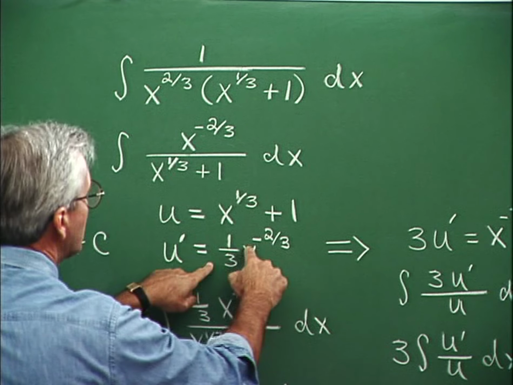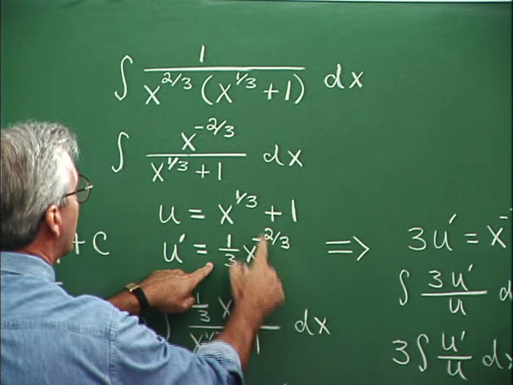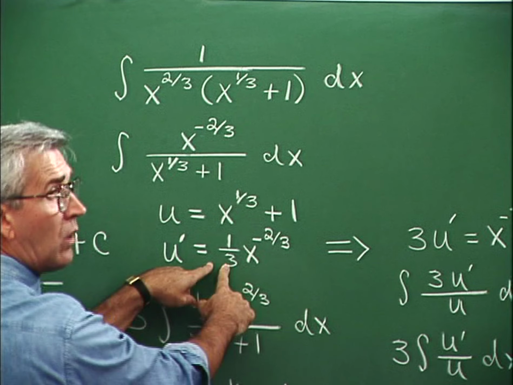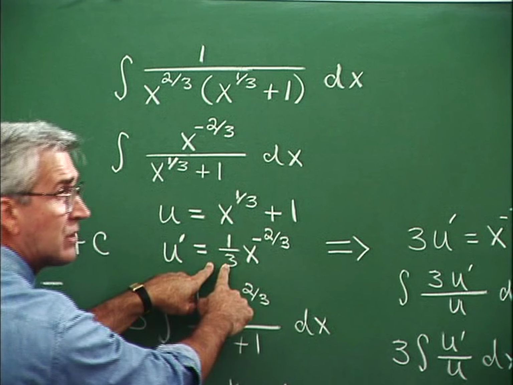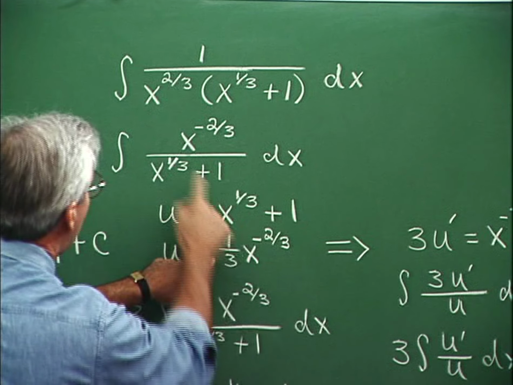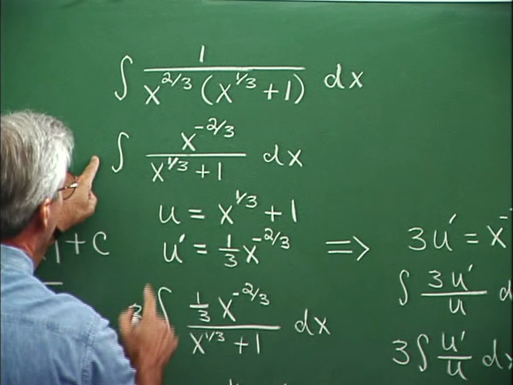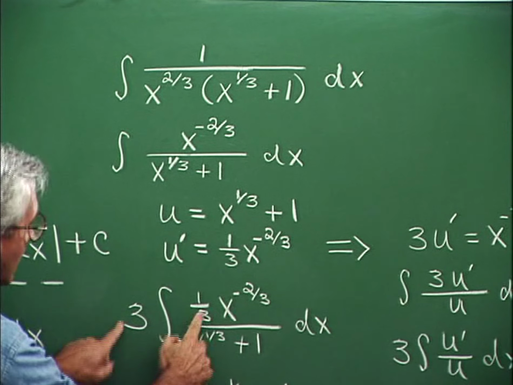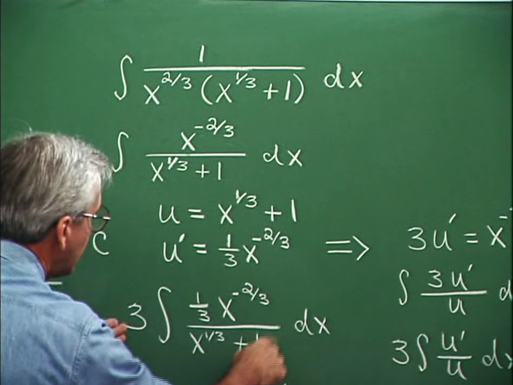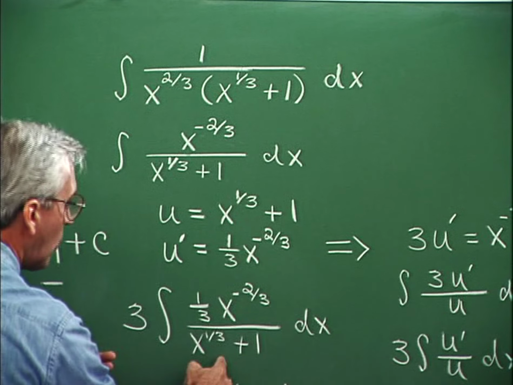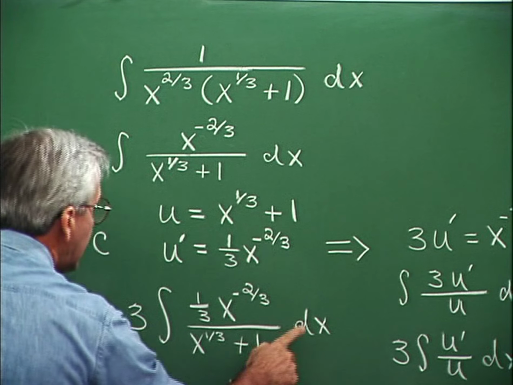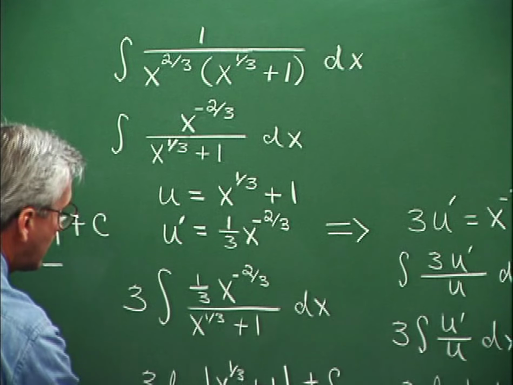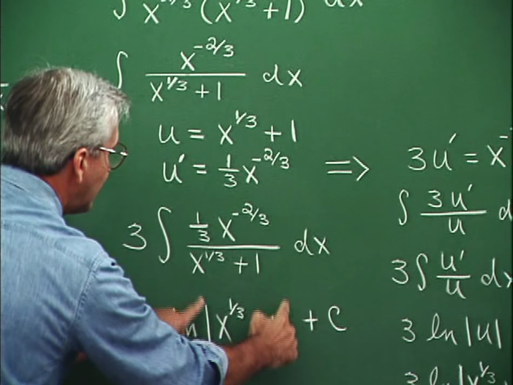Well, that's nice because we have the x to the negative 2/3 already up here. We just need the 1/3 factor, and this kind of reminds us of that. And so we'll pop in the 1/3 factor here and a 3 out here, and then we're ready to go. Now we have the conditions that we're after. It's u prime over u dx, and so it's 3 times the natural log of the absolute value of the denominator plus a constant.